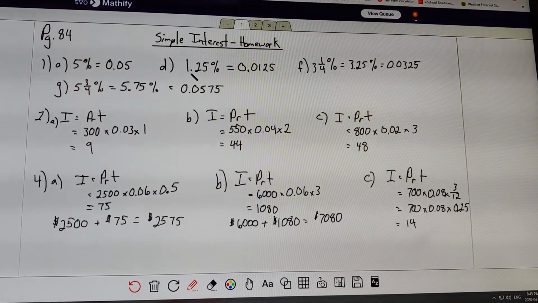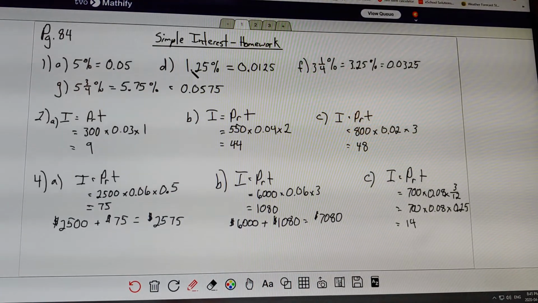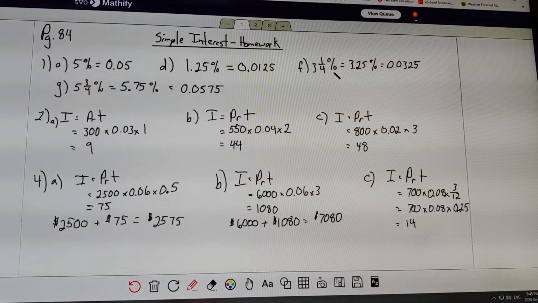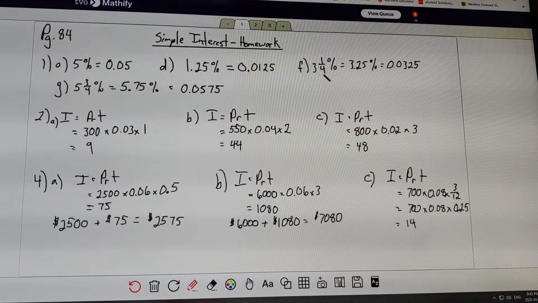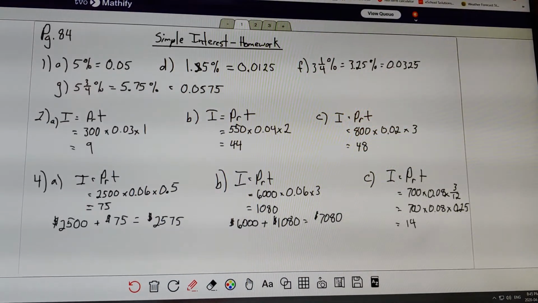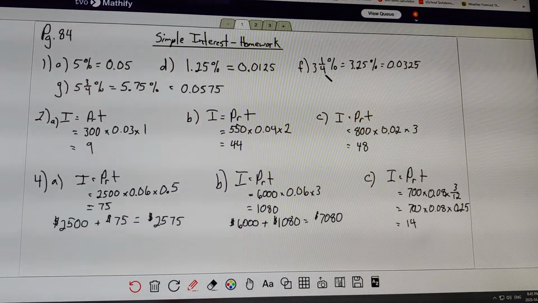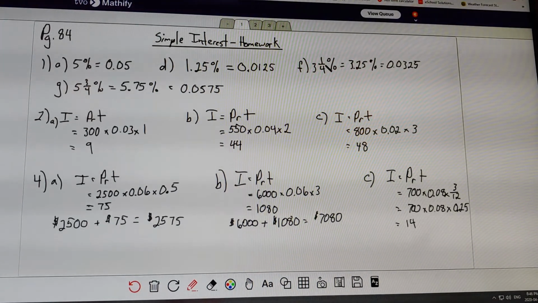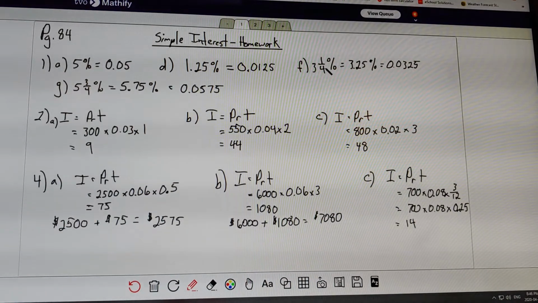This one, same idea. It's 1.25%. But again, we just take the decimal once, twice to the left, and we get 0.0125. This one's a little bit different because instead of giving you the 0.25 in decimal already, they gave it to you in fraction form. But that's okay because we know that this line means divide. This reads 1 divided by 4.